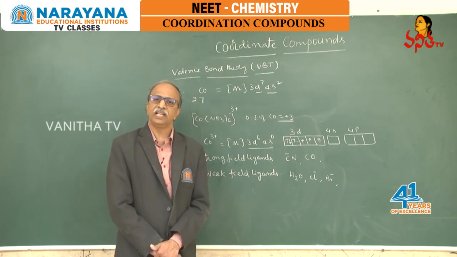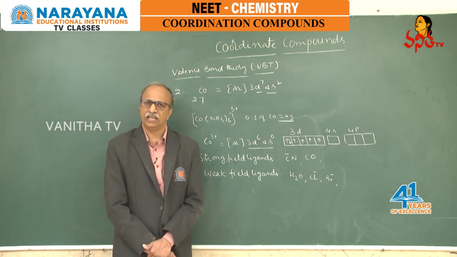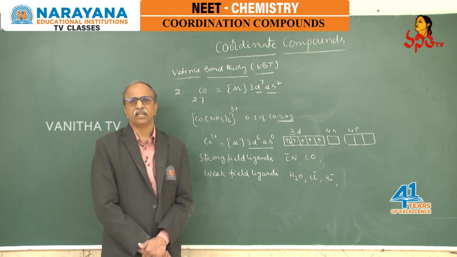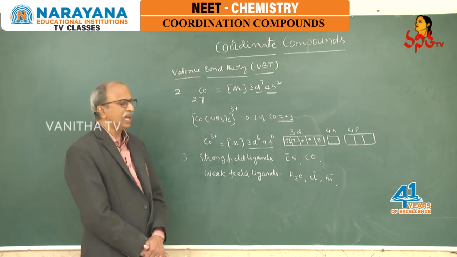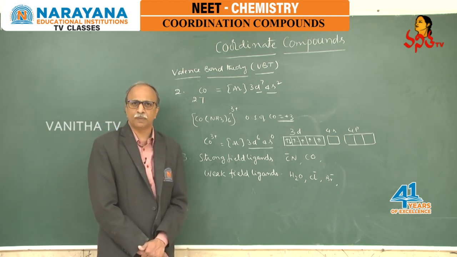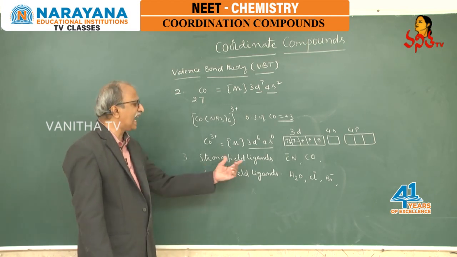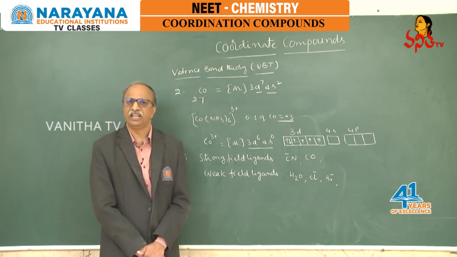There is another theory we learn in higher studies, ligand field theory, that explains the influence of the ligands. At this stage we are limited; we are just recognizing by experimental fact and suggesting these work as strong field ligands and these as weak field ligands.